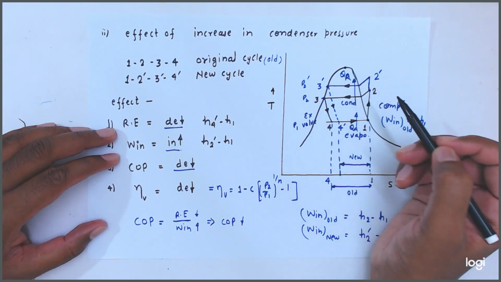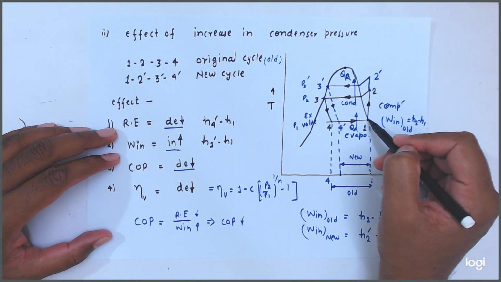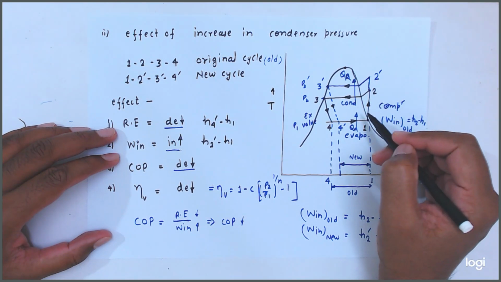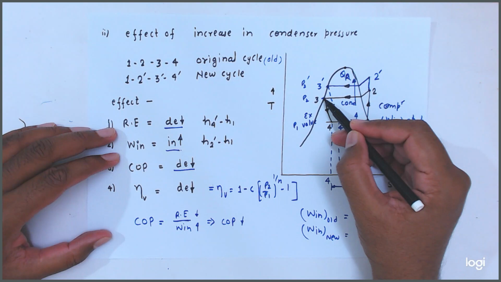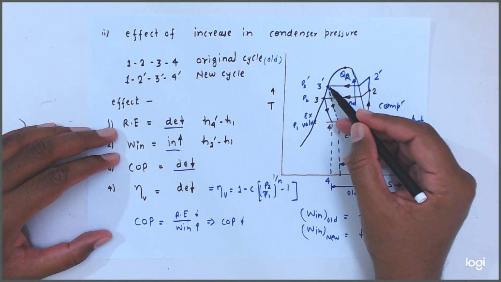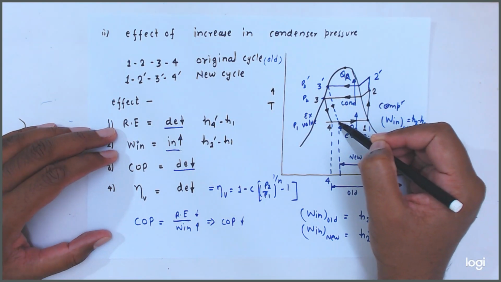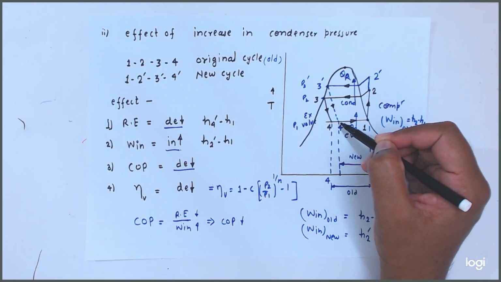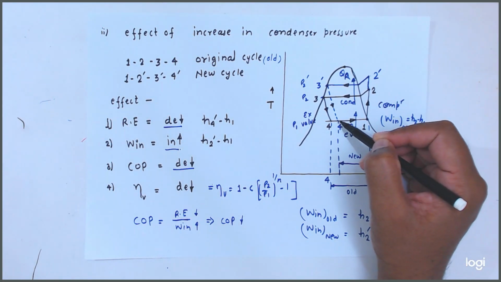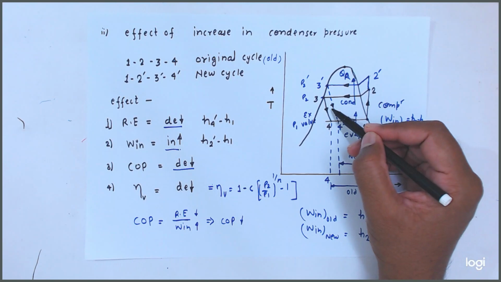You see here friends, in the original cycle the expansion starts from point 3 and ends at point 4, but in the new cycle expansion starts from point 3 dash and ends here at point 4 dash. Okay, this process is in expansion valve.